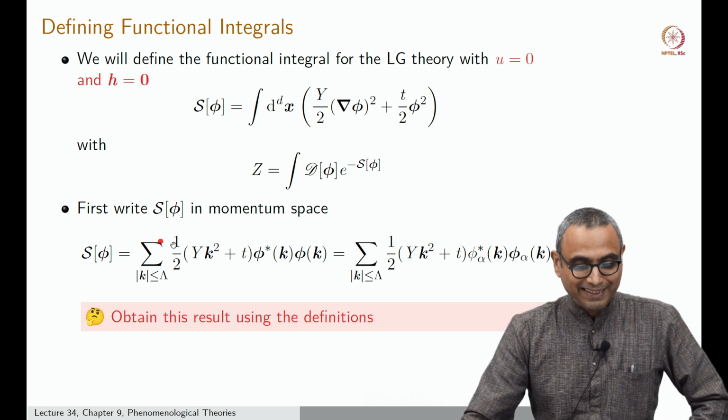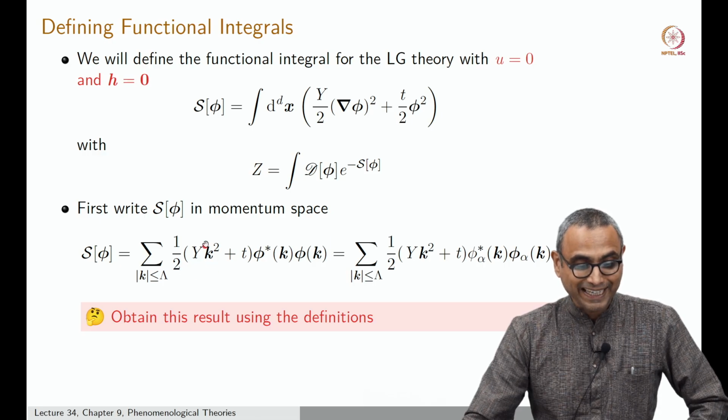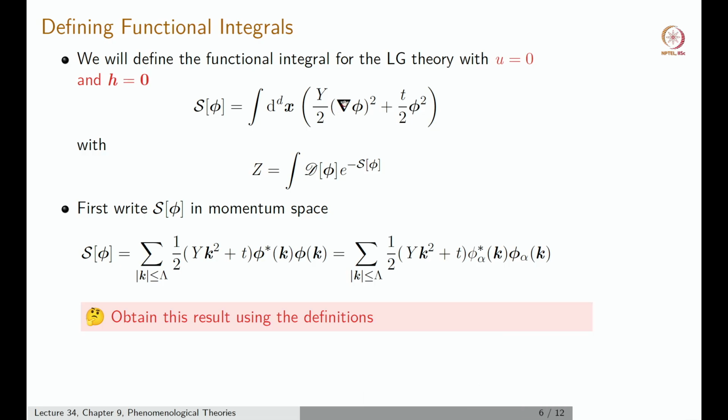So S of phi is written in this fashion. It will be 1/2 times (y k squared plus t) times phi dot phi. This k squared comes from the fact that when you take the gradient of a Fourier transform, it pulls down a momentum. If you write it in component form, this phi star k dot phi k will be contracted over the indices, so this will be phi alpha. That's what you will end up getting. Okay, so this is the result.